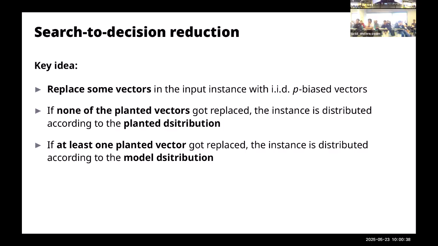So now the whole instance becomes just an instance from the model distribution. So the decision algorithm should say model. So I can use a decision algorithm to answer a question whether a solution intersects in a non-empty way this set of vectors, and I can choose the set of vectors however I want.